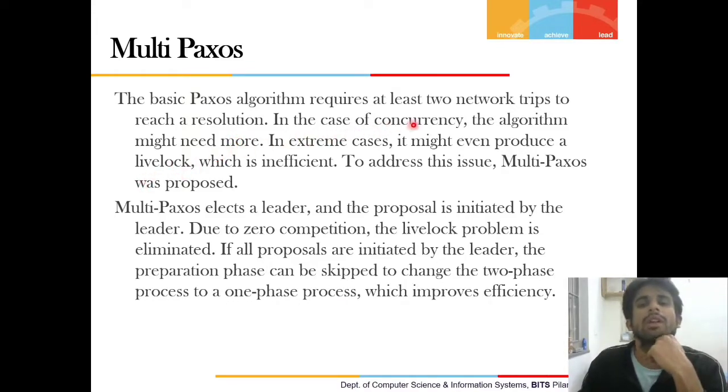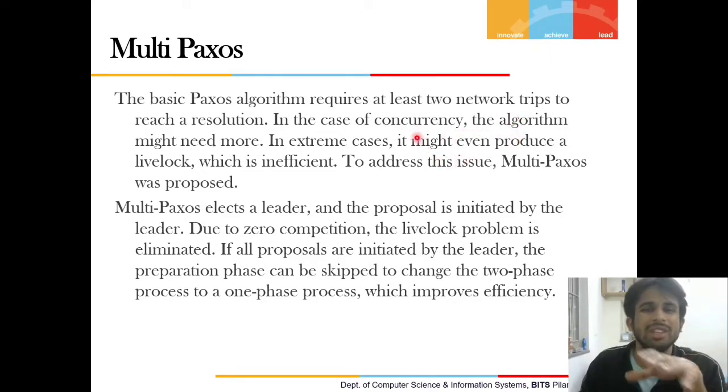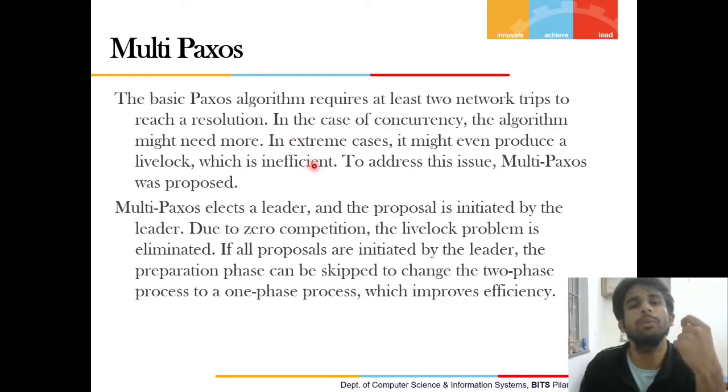In the case of concurrency, when multiple proposers are trying to propose a value at the same time, the algorithm is not sufficient, and in extreme cases it might even lead to the problem of livelock, which is inefficient.